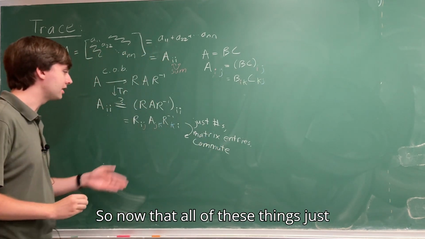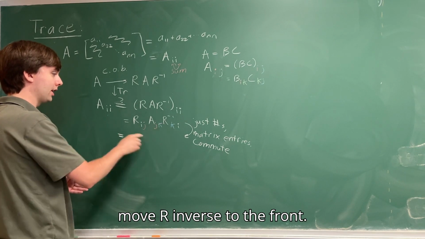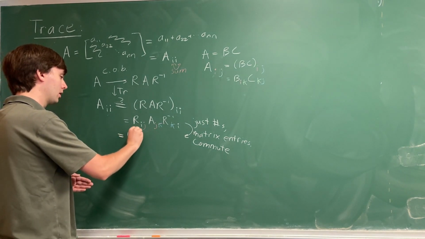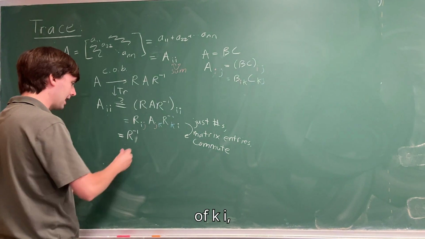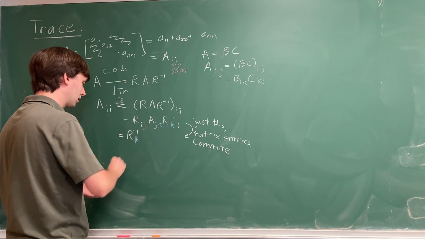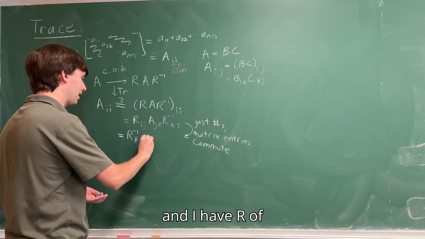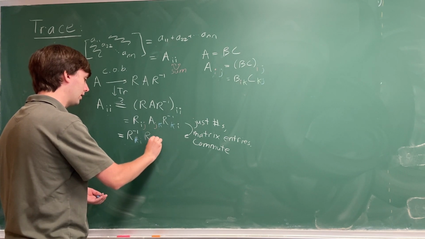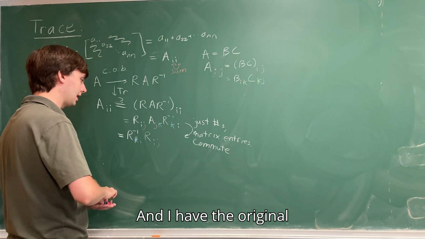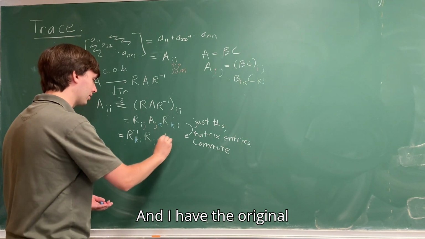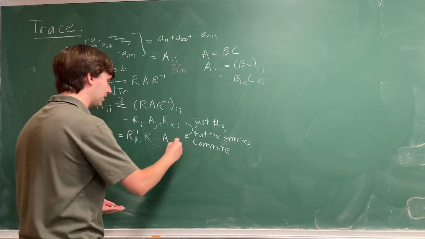So now that all of these things just commute, I'm going to move R inverse to the front. So I've got R inverse of K I, and I have R of I J, and I have the original A of J K.